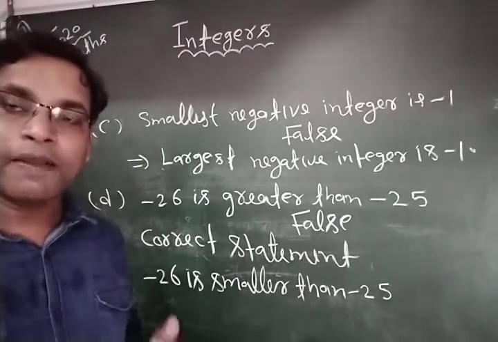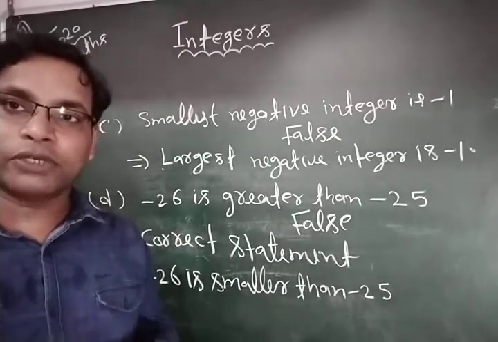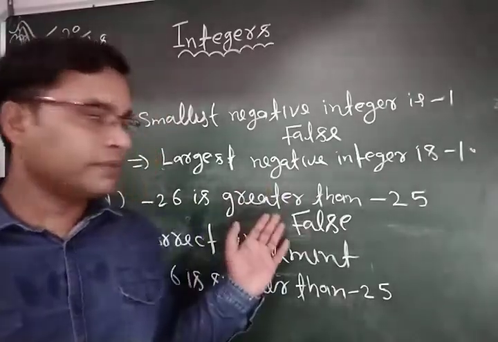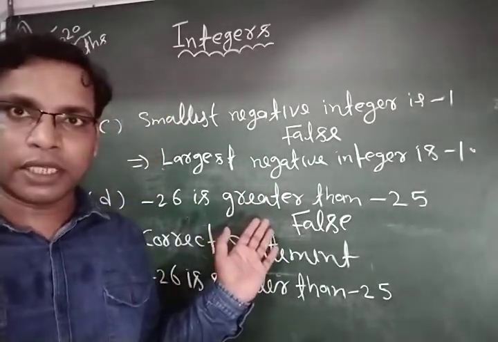Or you can also change the digits here, writing minus 25 is greater than minus 26. Both statements are right. Minus 26 is smaller than minus 25, or minus 25 is greater than minus 26. I hope all of you understood such types of statements related to integers.